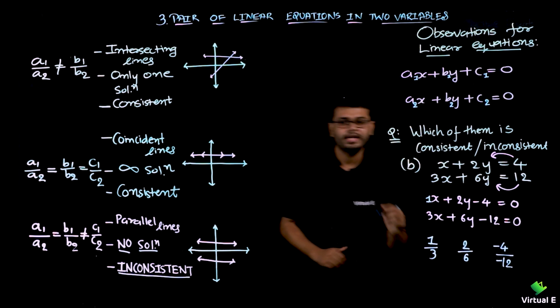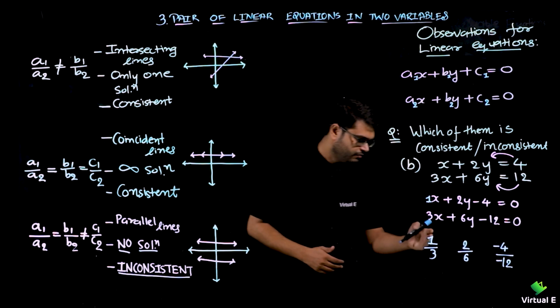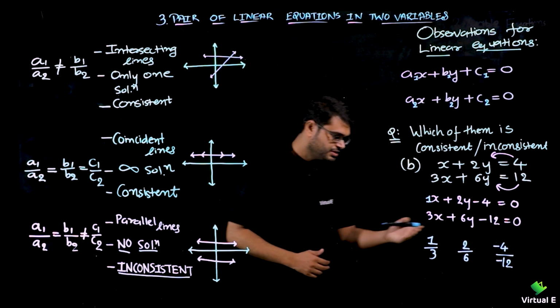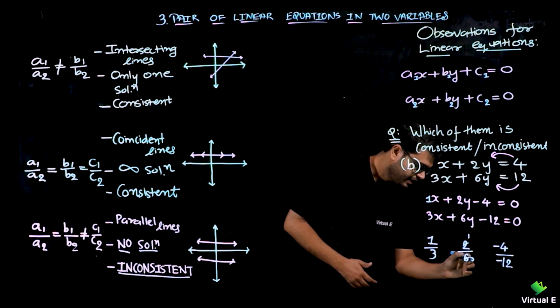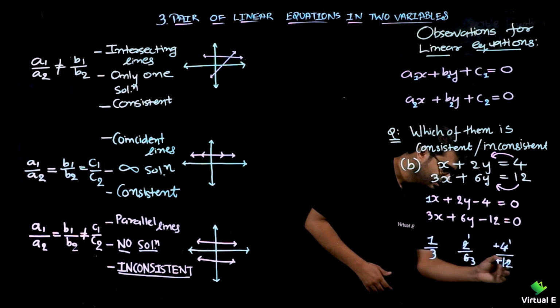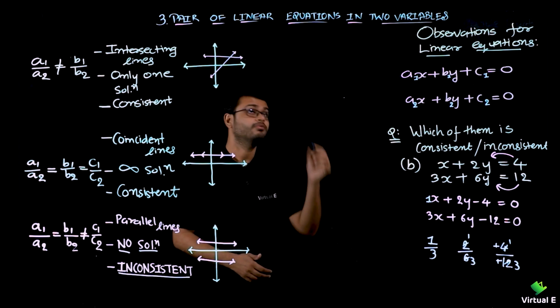Now if you can do any kind of cancellation, go ahead with it and get the answer. 1 over 3 we cannot cancel. 3 is a prime number and 1 is neither prime nor composite. 2 ones are and 3s are, minus minus plus, 4 ones are and 3s are. So let me write the simplified ones.